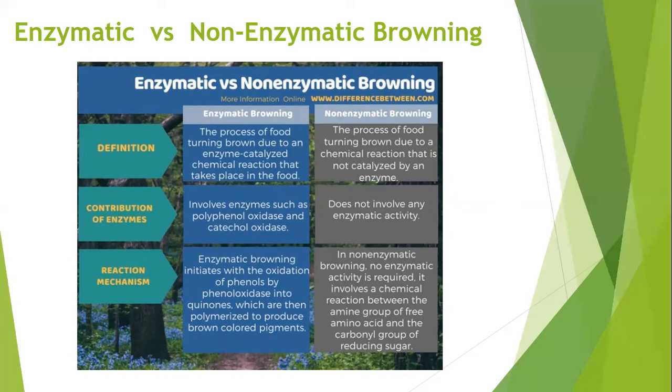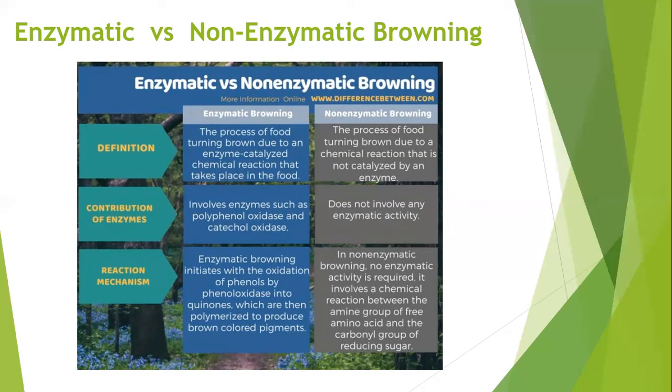Enzymatic browning involves enzymes such as polyphenol oxidase and catechol oxidase. Non-enzymatic browning does not involve any enzyme reactivity. Reaction mechanism: enzymatic browning initiates with the oxidation of phenols by phenol oxidase into quinones, which are then polymerized to produce the brown colored pigment melanin.